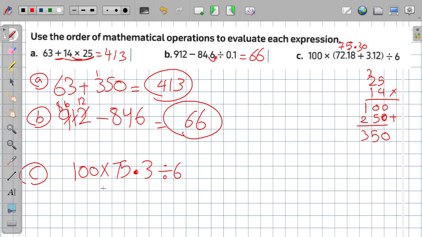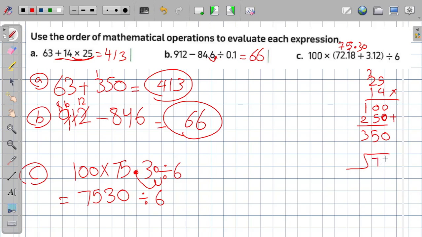So I have a multiplication first. 100 times this number makes me move the decimal point 2 places to the right. So I have 1 place, 2 places. So I will add 1 0 right here. So it will be 7,530 divided by 6.